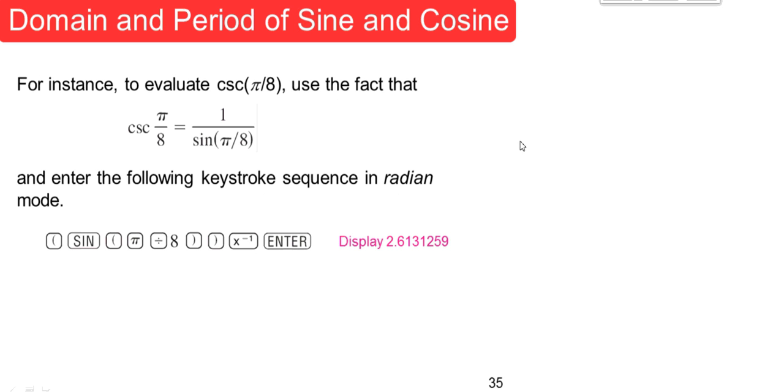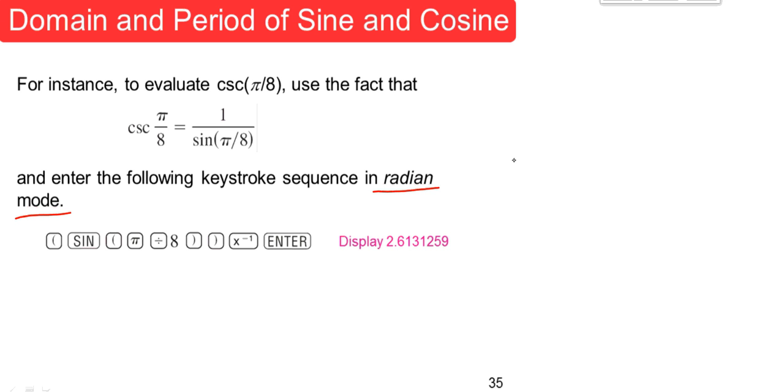Go ahead and just make sure that your calculator is in radians and attempt that problem. You can do it that way: parentheses, sine, parentheses, pi divided by 8, parentheses, parentheses, then pushing that x to the -1. That's one way.